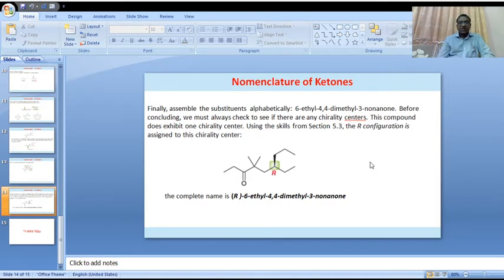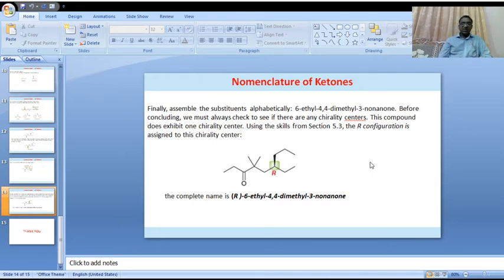And metamerism, the last one. Metamerism differs only in the nature of the alkyl group. The suitable example is propyl methyl ketone. Besides the ketonic CO, one side is methyl and another side is propyl.